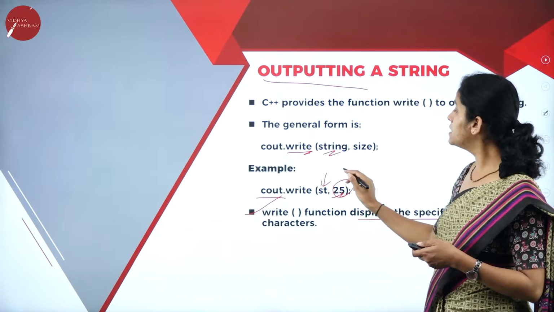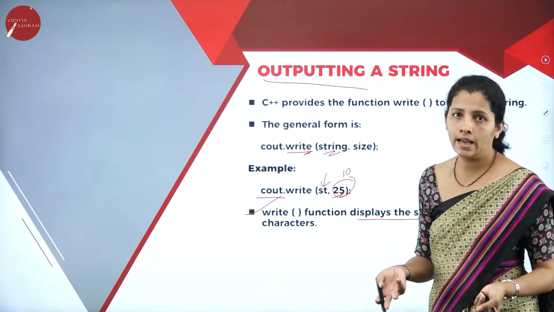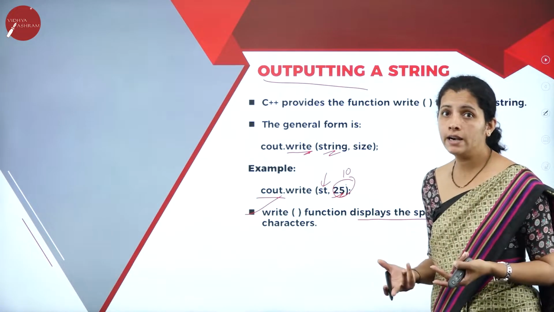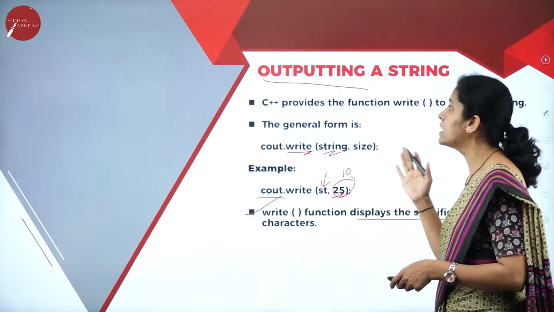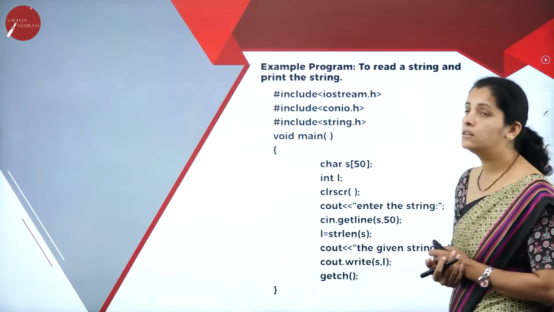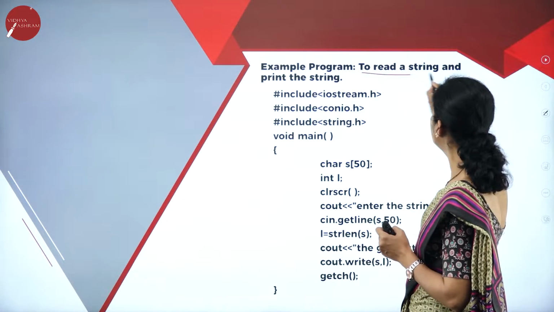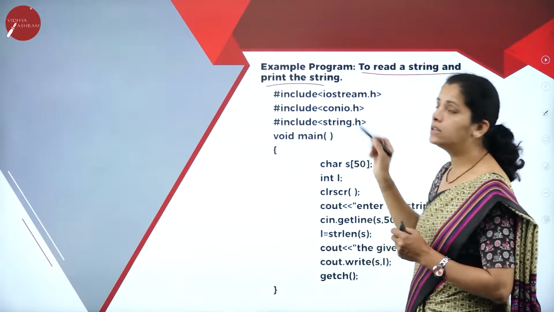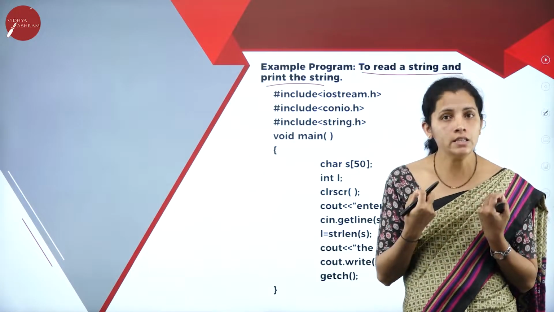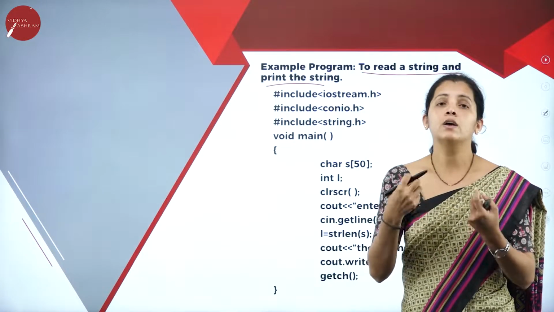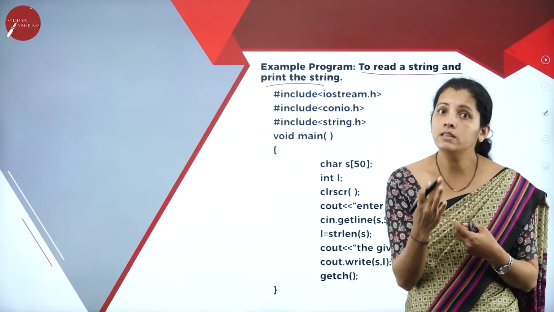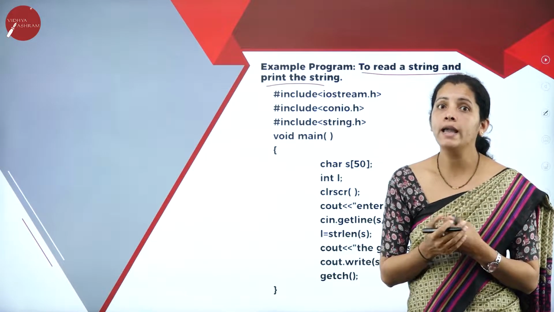For example, if the size is 10, then 10 characters; if the size is 100, then 100 characters. Moving further, I'm going to have this simple example, that is to read a string and print this string. That means I want to read the string as it is, and I want to display the string in the same way I read it.